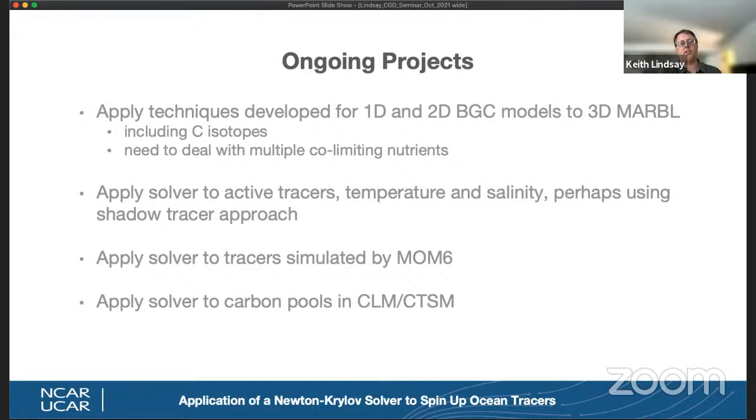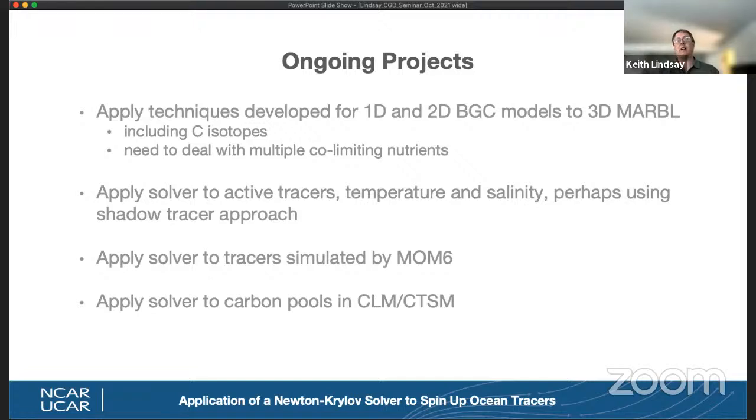Another project that's going on is transferring all of this work to the MOM6 GCM that we are transitioning to in CESM, so that we can spin up our tracers with MOM6. Having the solver be generalized to deal with arbitrary systems eases the transition of the solver from POP to MOM6.